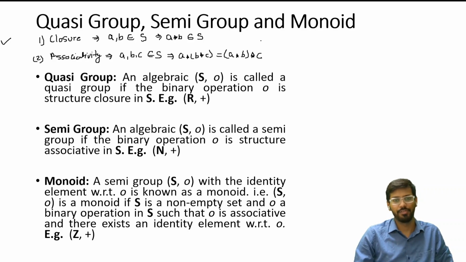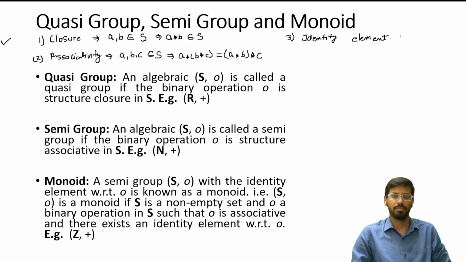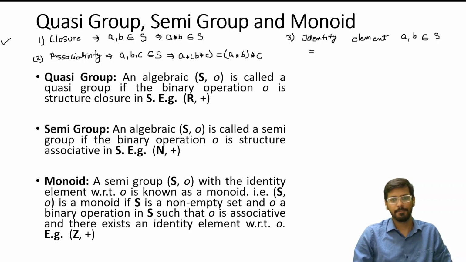So this is associativity. Now the third property is identity element. Identity element means if A and B belong to some set S, then A star B should be equal to A. So here we will call this B the identity element.